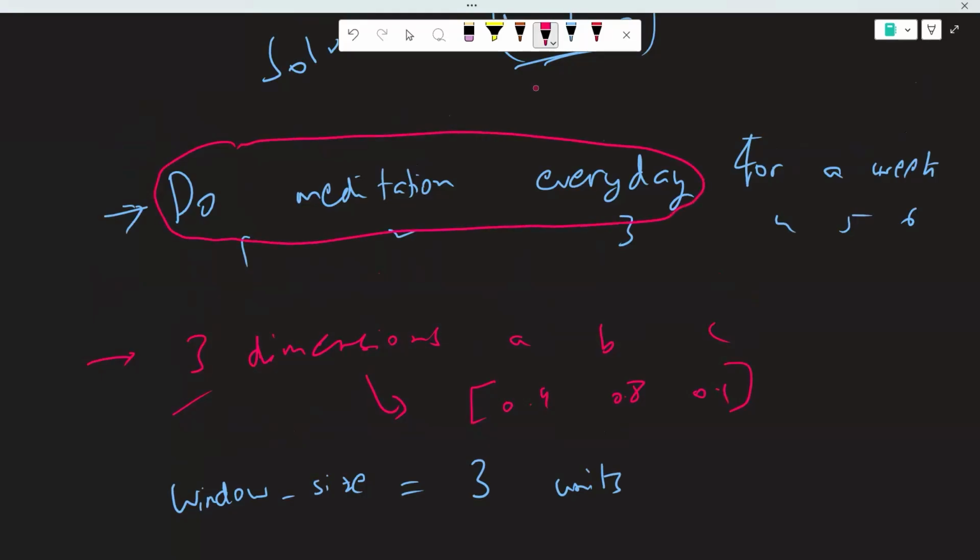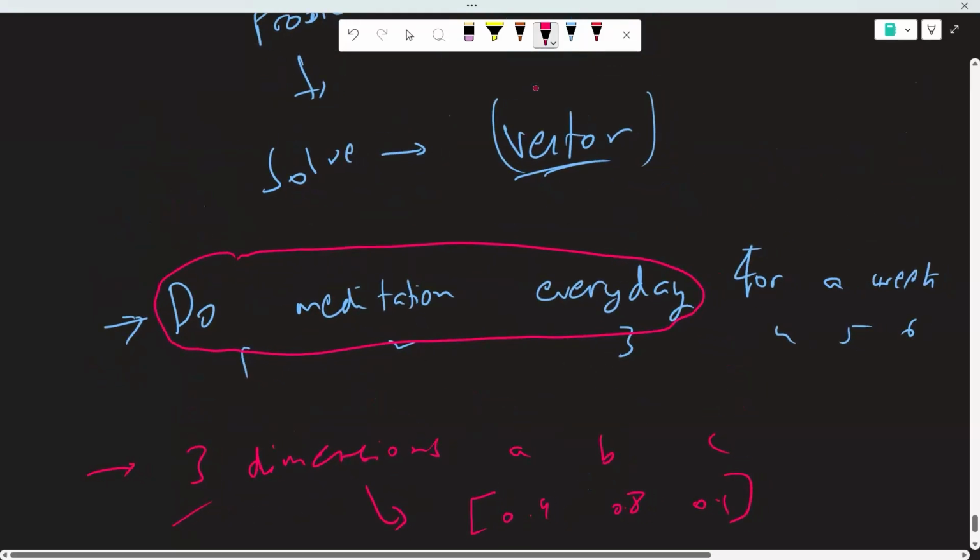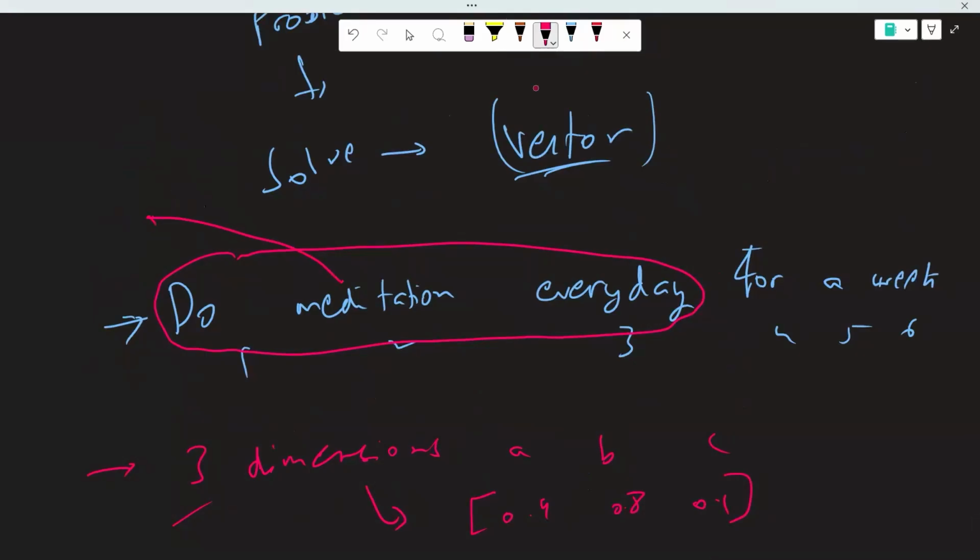And in this, whatever is the middle word will be considered as the target. So meditation will be called the target word. And the rest of the 2 words will be called independent words, or let's call them context words. This is also a context word. So target is the center word.